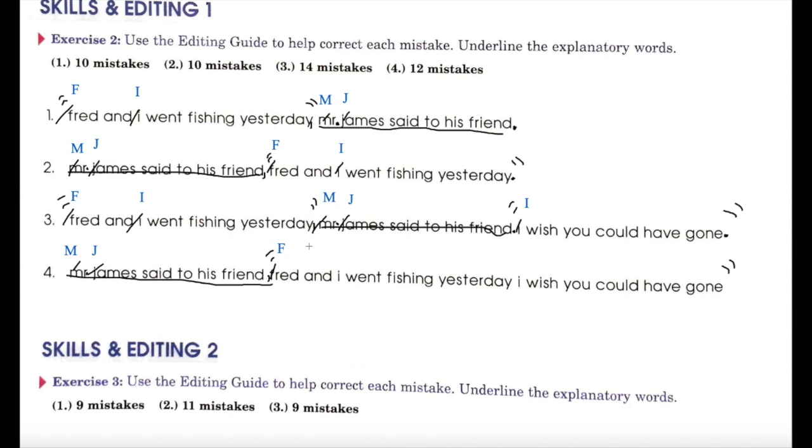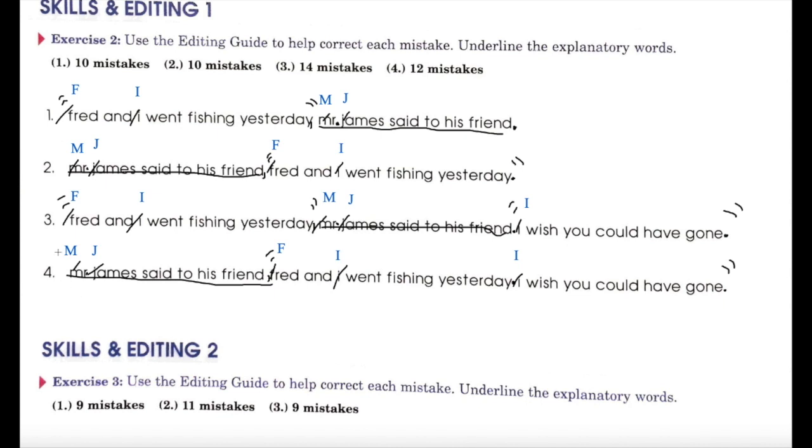Capitalize I. Put a period at the end of the sentence. Capitalize I. Put a period at the end of the sentence.